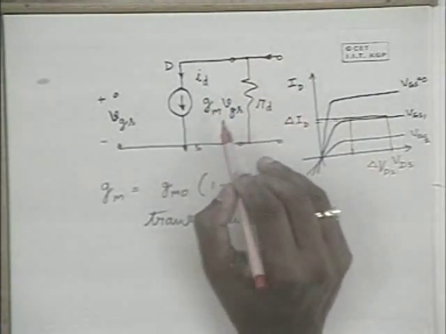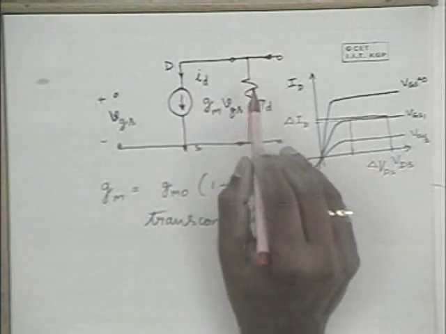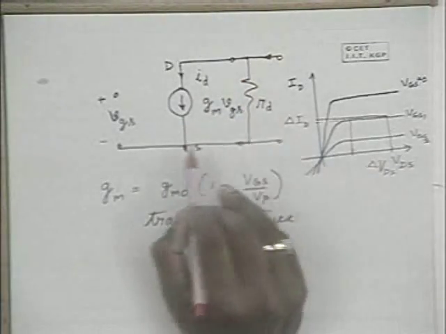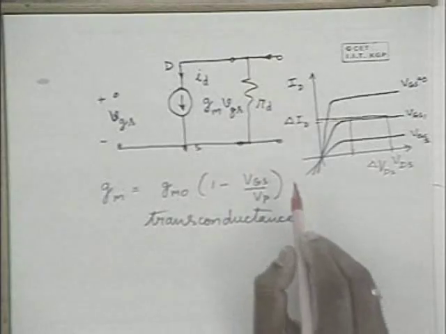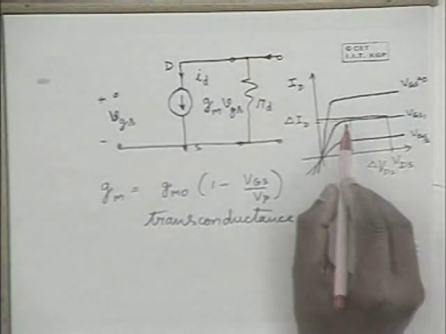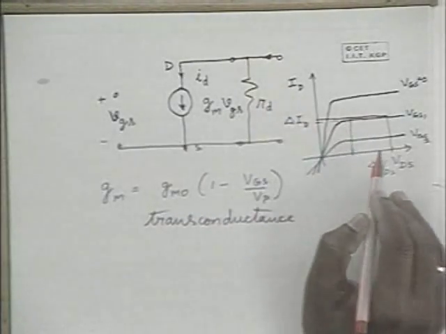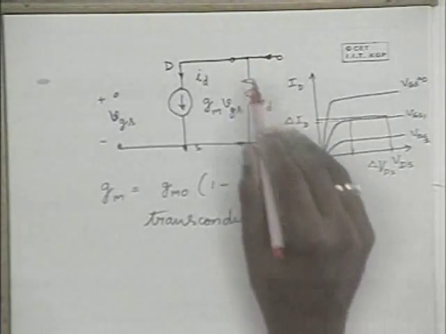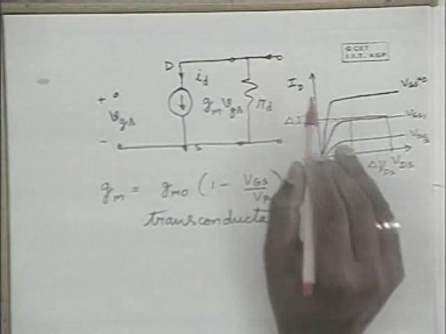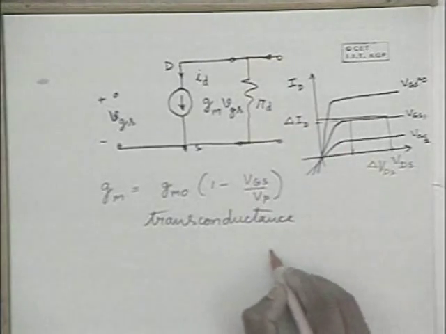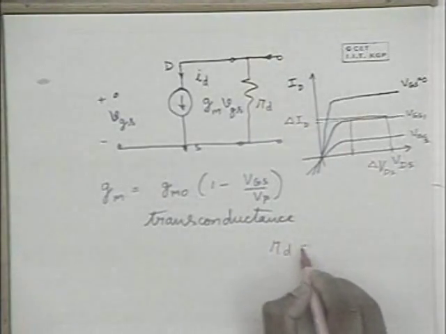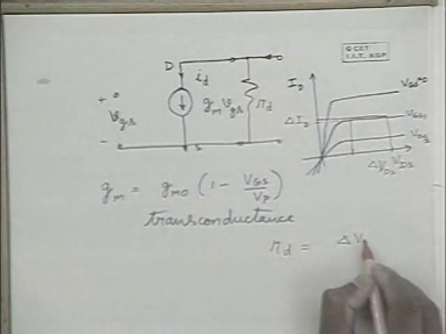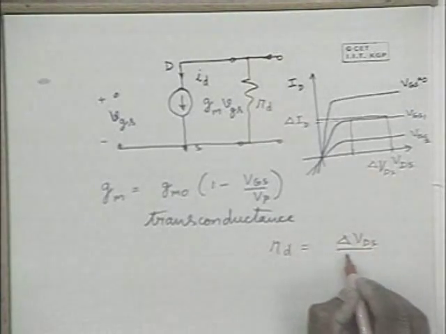Hence the source is not an ideal source, and it has a resistance parallel to it. The value of the resistance naturally depends on the variation in the current because of the variation in the voltage, and so rd is given by delta VDS by delta ID.